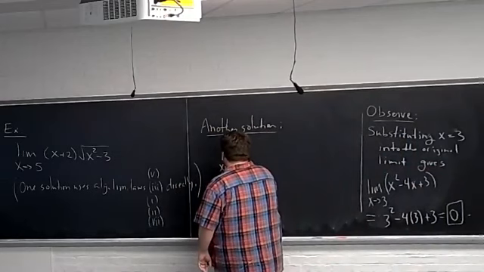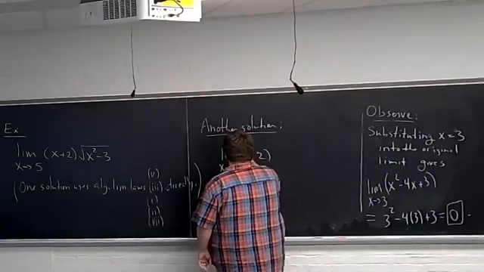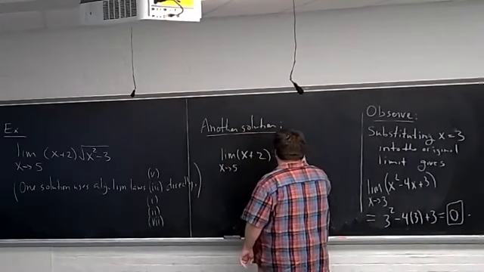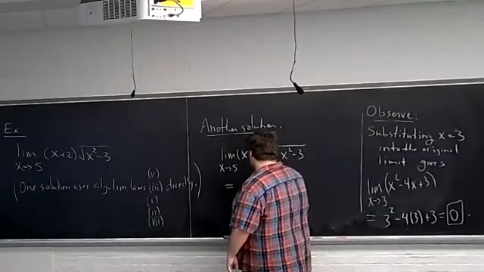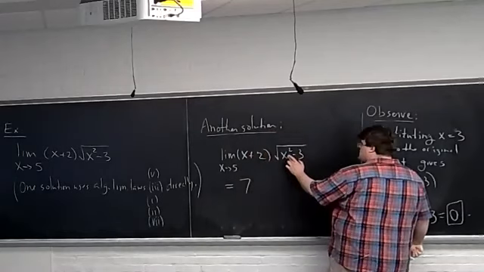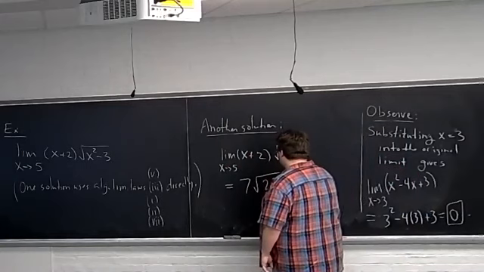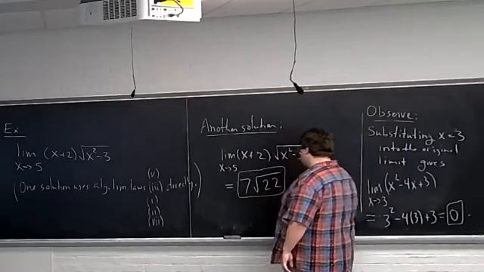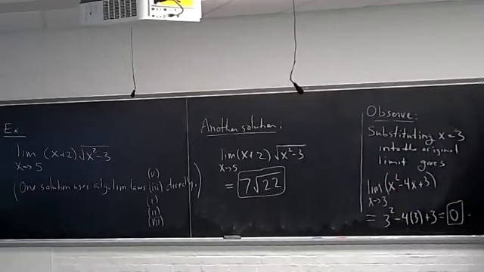And in this case, what would the limit be? X plus 2 root x squared minus 3. Well, let x equal 5, and what do you get? 5 plus 2 is 7. 5 squared is 25. 25 minus 3 is 22. 22 in a square root is the square root of 22. So any questions about that example?